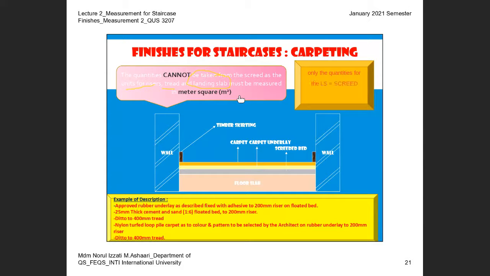So this is the note that I would like everyone to highlight. Only the screed for the landing slab you can take quantity for carpeting. The rest for the riser and tray, do not take quantity.